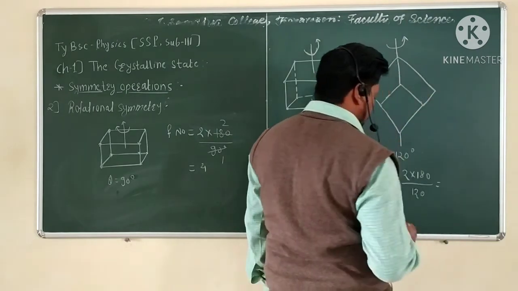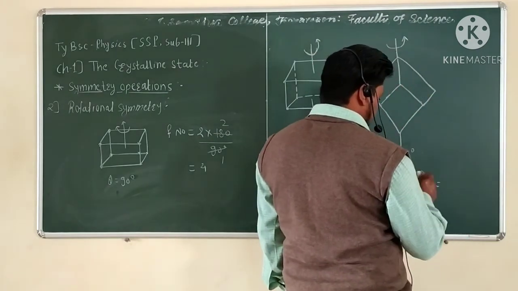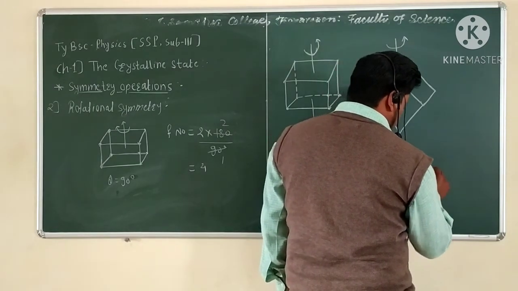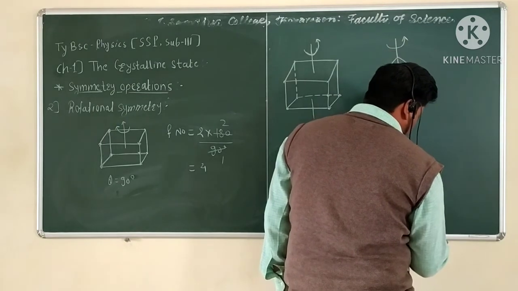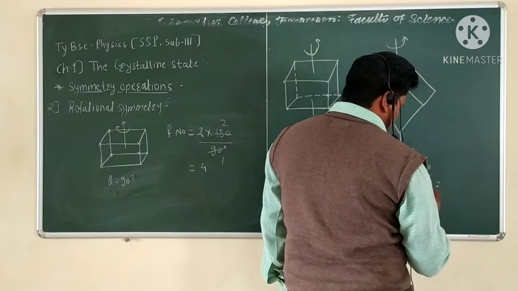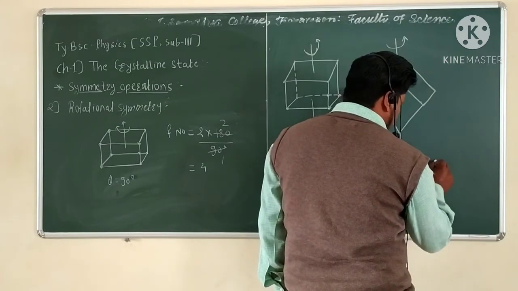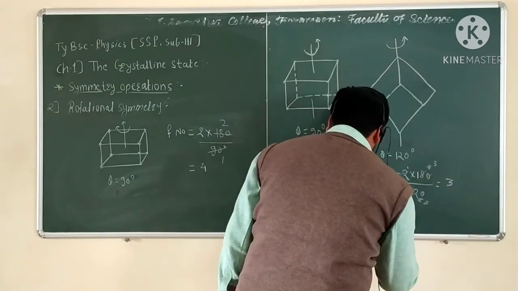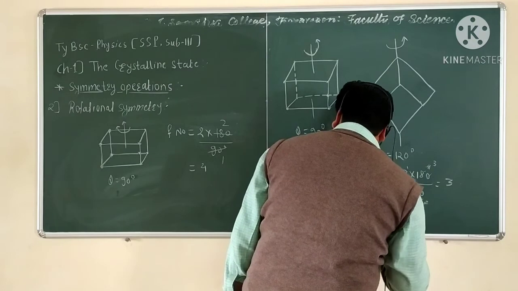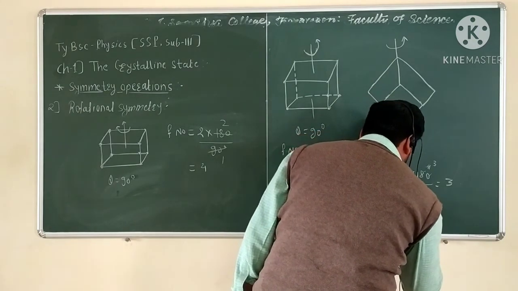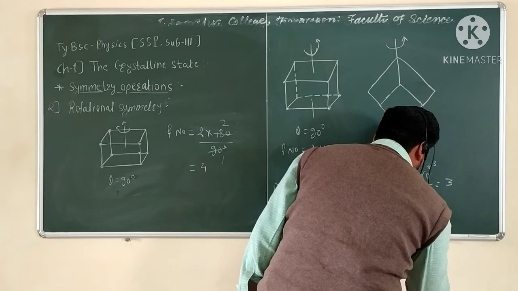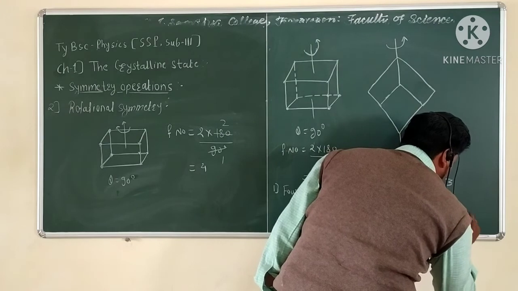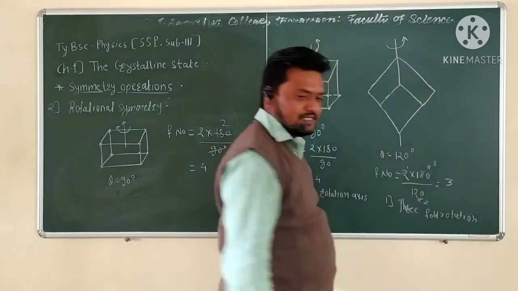So the 0 gets cancelled, 6 nines, and again 2 threes are 6, and the 3 gets cancelled, remaining 3, so the symmetry is three-fold rotation. Three-fold rotation. So this is the idea.